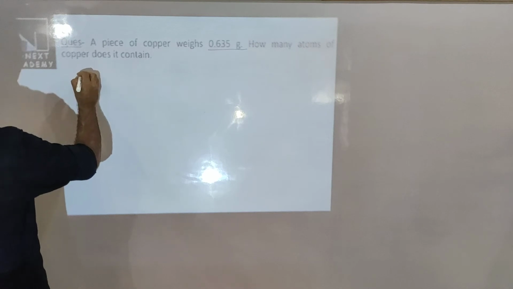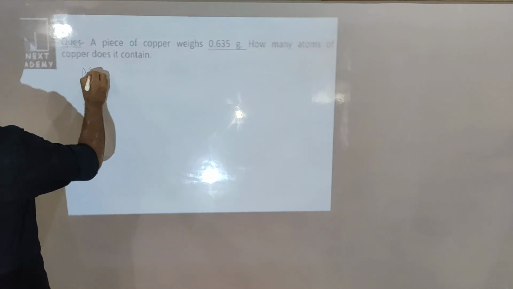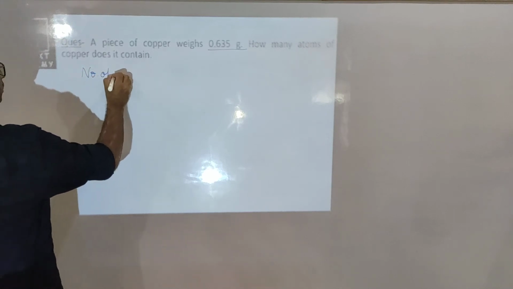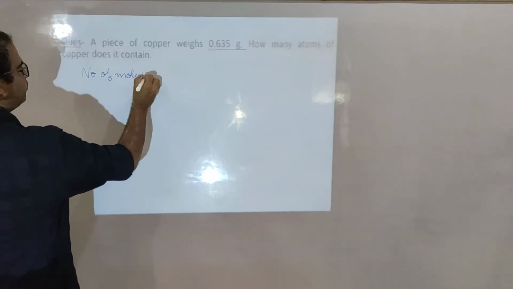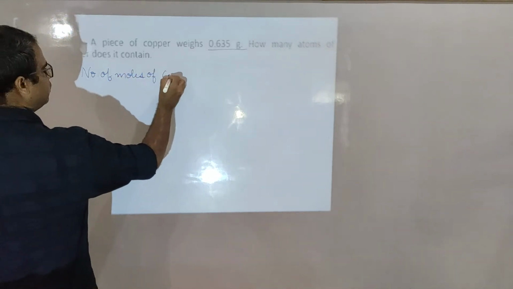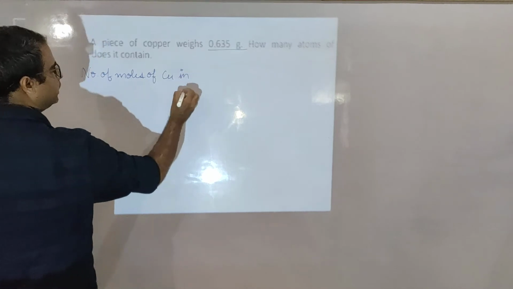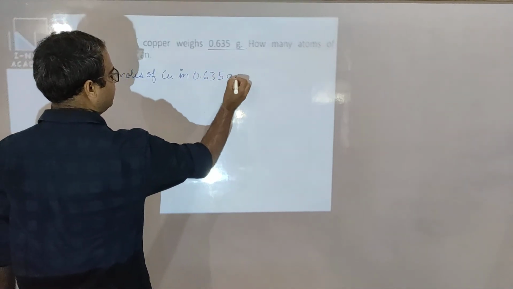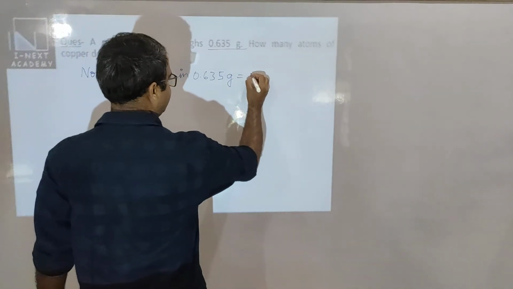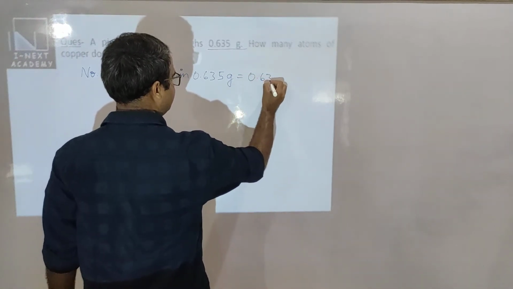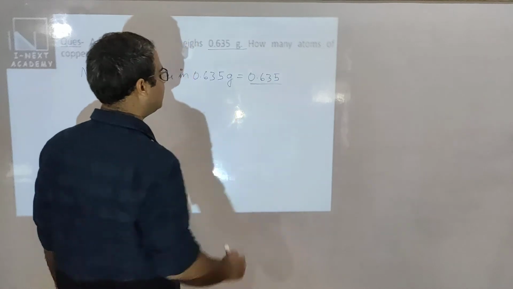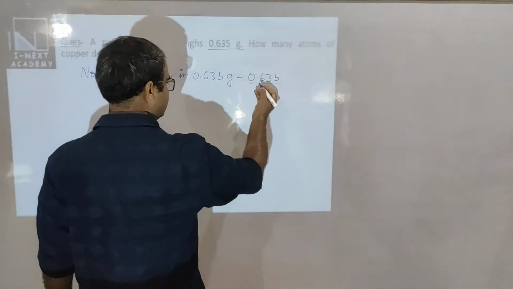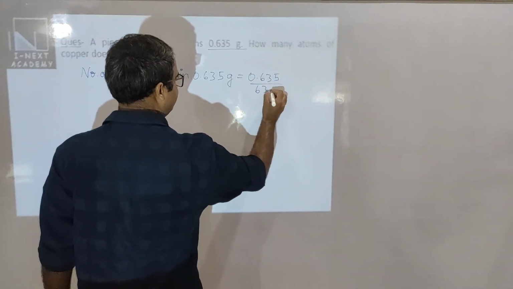So if we calculate the number of moles of copper in 0.635 gram, this will be how much? Given mass 0.635 divided by the gram atomic mass of copper, that is 63.5.